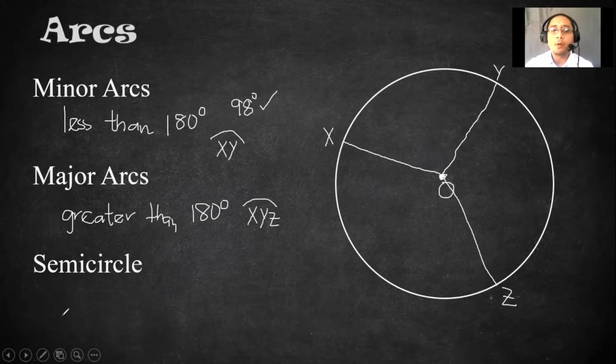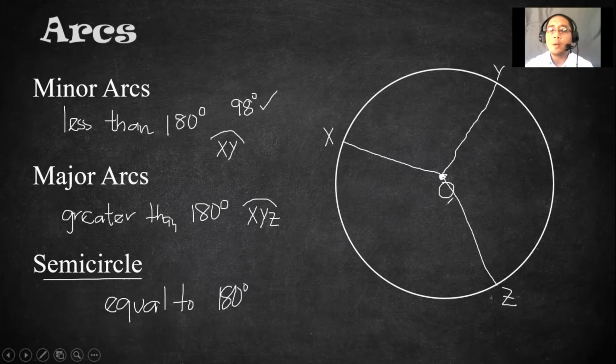But take note, our basis in identifying minor and major arc is the semicircle, which is defined as equal to 180 degrees. Now, how will we identify a semicircle on the given figure?